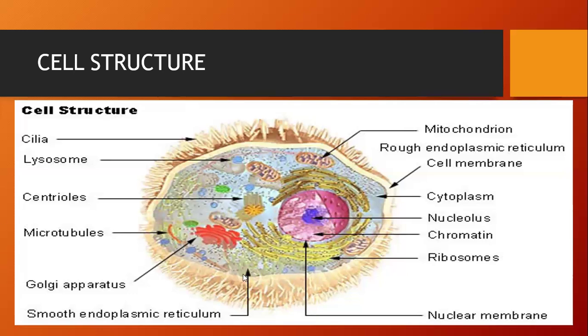All right. So moving on, we're going to be talking about the cell structure. So as you can see on the screen, we have a typical diagram of a cell. The cell is made up of living materials, which we call protoplasm.